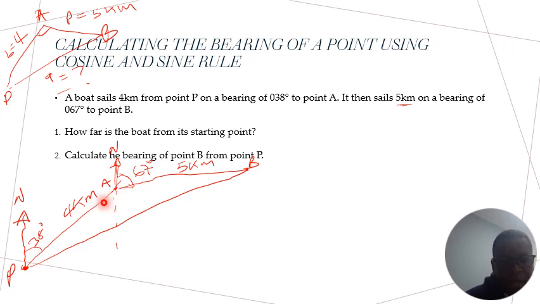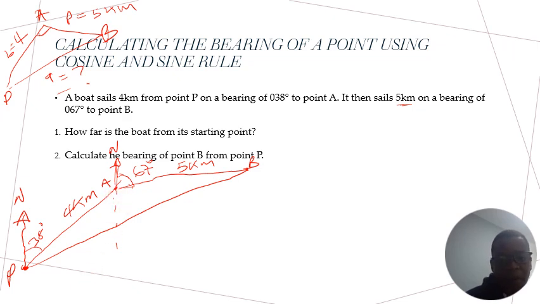We still have to know the other angle to get the total angle at A. We know that is a straight line, and angles on a straight line add up to 180 degrees, so with this as 67 degrees, we can find the remaining angle.